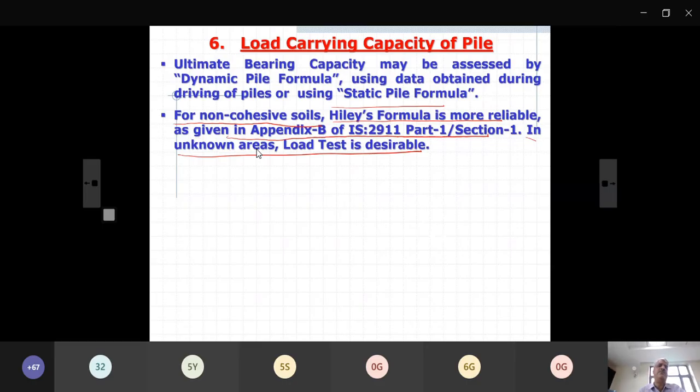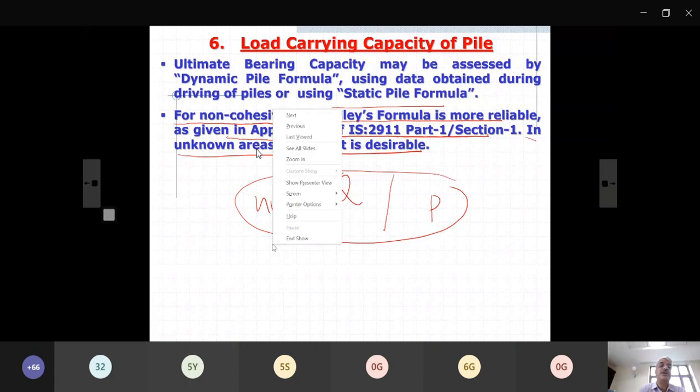So normally, for the most reliable estimation, you initially use whatever formula, your software, static formula, dynamic formula, you do some analysis. Let us say your load is Q and your pile capacity is coming P. Then Q by P will be the number of piles, multiplied by some factor. Then this will be only the initial estimation.